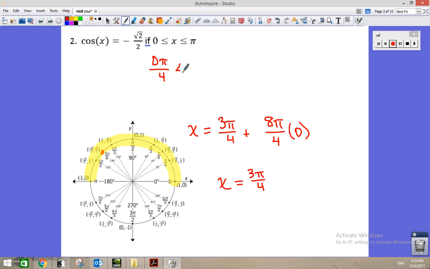That's just 0. And I can rewrite pi as 4 pi divided by 4. So really what I'm comparing is this coefficient in front of pi, this 3, and 3 is bigger than 0 and smaller than 4. Because now that I have the same denominator, I can just compare the numerators. This is the only solution in this interval for this equation.